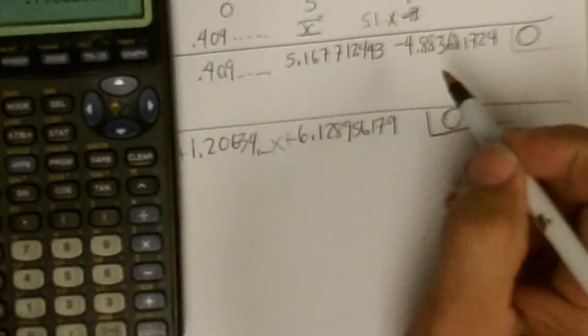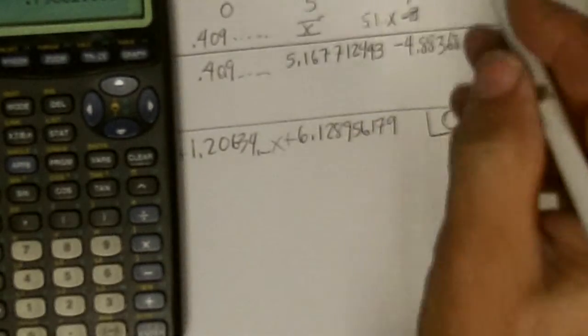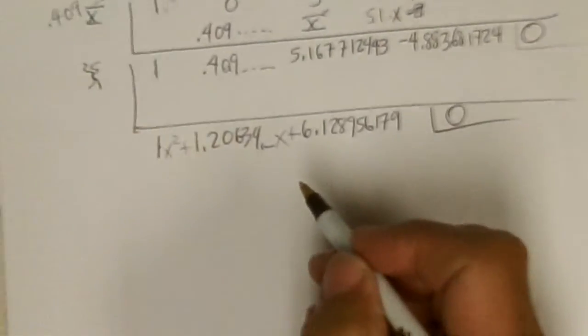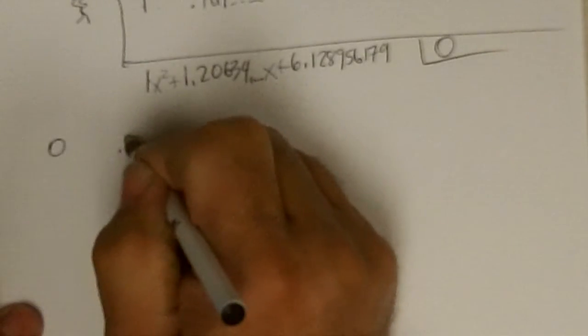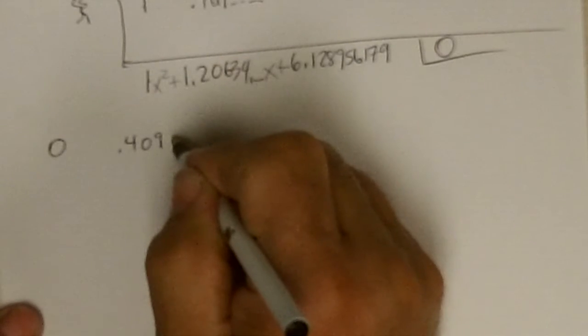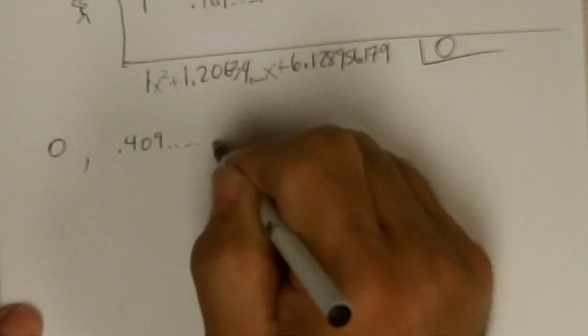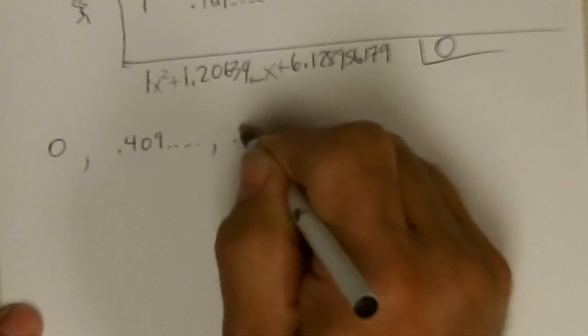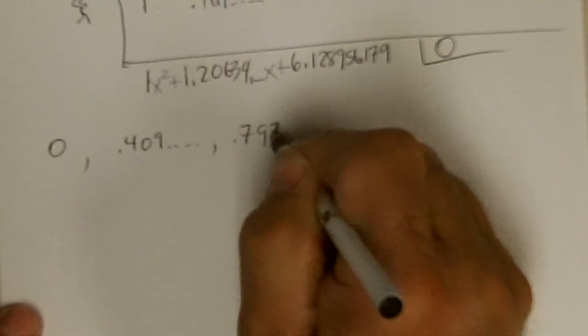I have a zero of, one of them is 0. We figured out 0 early on. The next root was 0.409 and so on. And the next root was 0.796, or 797 rounded off.